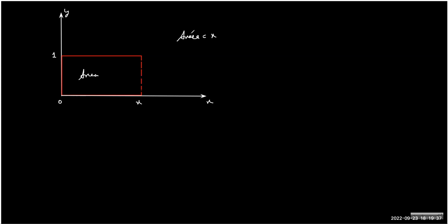Now, how to write the area in terms of integration? The integration is y dx. What is y here? 1. y dx from 0 to x must equal x, isn't it? So that is why we write the integration of dx from 0 to x is x.